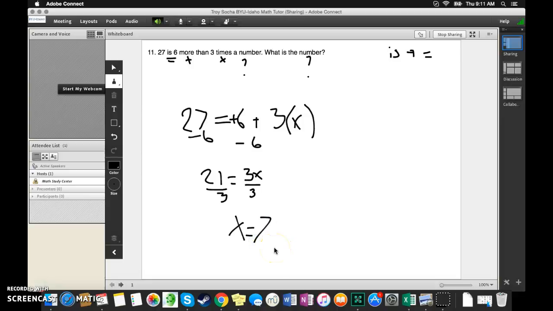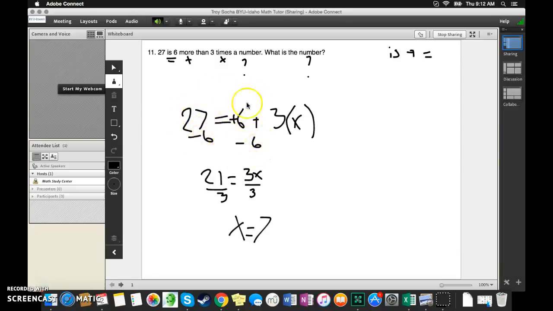Let's run through that again. If 27 equals 6 plus 3x, we know we added a 6, so we have to do the opposite. Minus a 6, right? We're going through the operations that we did to x, and we have to work backwards through the order of operations because we can't work from the multiplication. If we tried to divide by 3, we would divide this by 3 and this by 3. 27 doesn't divide by 3 well. 6 divides by 3 well, but then it's hard because we have to add a fraction over.